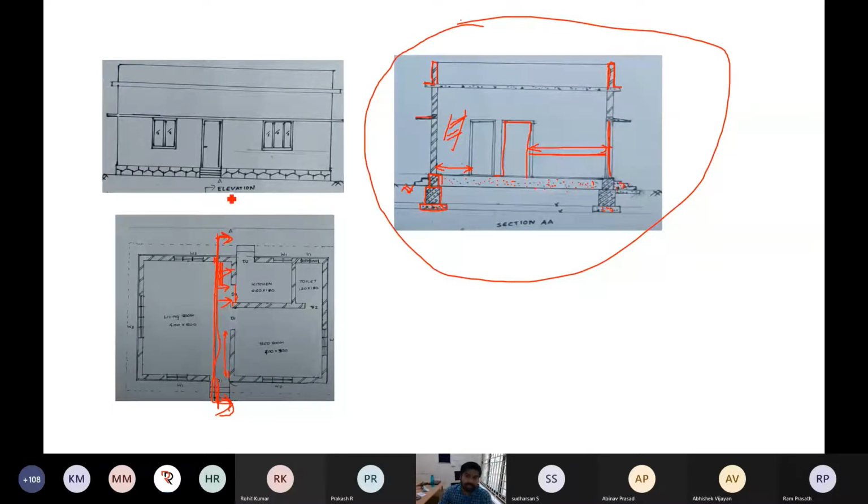If you are projecting from here, you will get this plinth. The front plinth you will get. If you're projecting from here, you will get this sill height. If you're projecting like this, you will get this roof level. If you're projecting like this, you will get this parapet height.